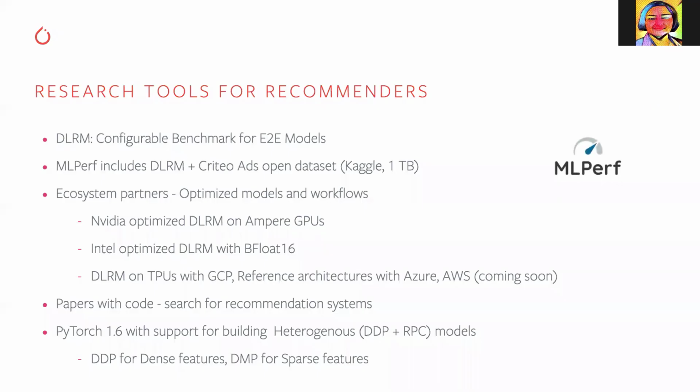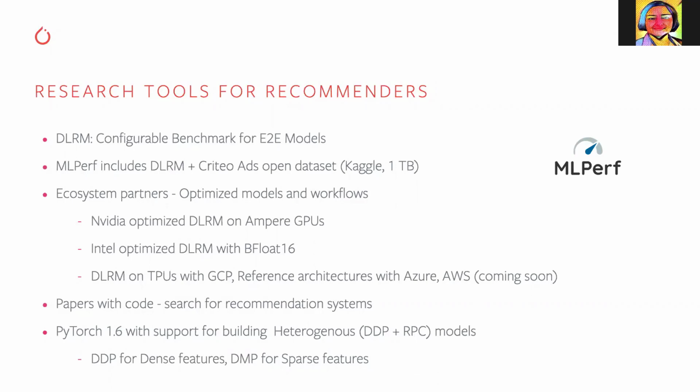So let's dive into some of the research tools for recommenders. We just talked about the DLRM, which is part of the MLPerf benchmark now, along with the Criteo ads dataset, which includes both the Kaggle dataset as well as the full 1 terabyte dataset. We are also working with our ecosystem partners for optimized models and workflows.